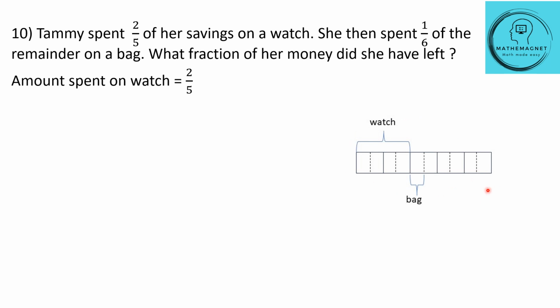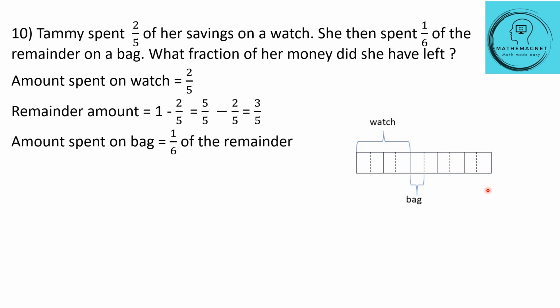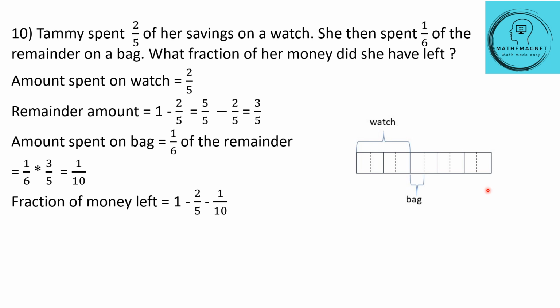So let us see how to find out. The amount spent on the watch is 2 by 5. The remainder will be 1 minus 2 by 5, which is 5 by 5 minus 2 by 5, which is 3 by 5. Now the amount spent on the bag is 1 by 6 of the remainder, which is 1 by 6 of 3 by 5. That is equal to 1 by 10. Now the fraction of money left is 1 minus 2 by 5, the amount she spent on the watch, minus 1 by 10, the amount she spent on the bag.